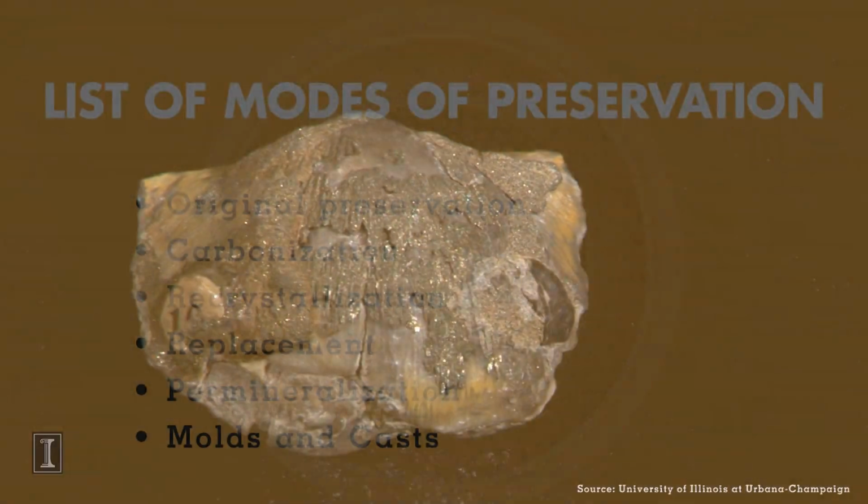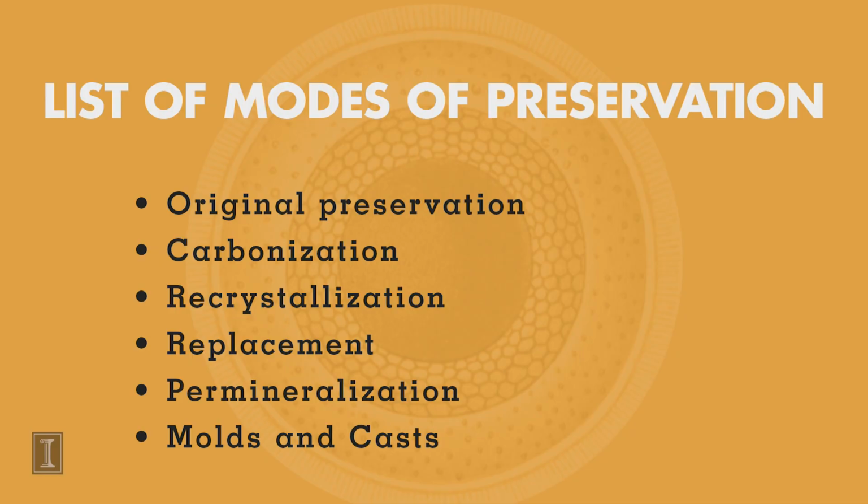The next mode of preservation is called permineralization. And so usually you start with a porous part of the organism. For example, bone is very porous on the inside. Wood is very porous on the inside. And so what happens is after burial, groundwater, again, infiltrates the system and carries in a mineral and fills in those pore spaces with a mineral.